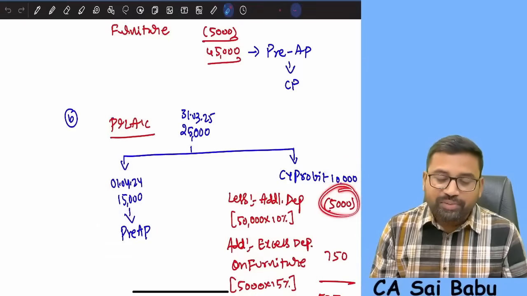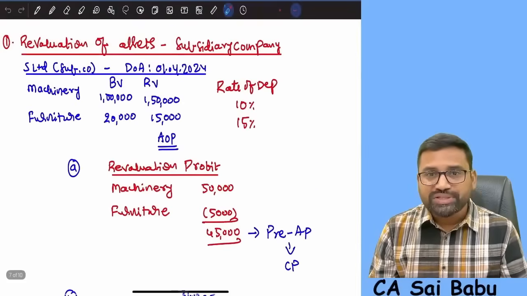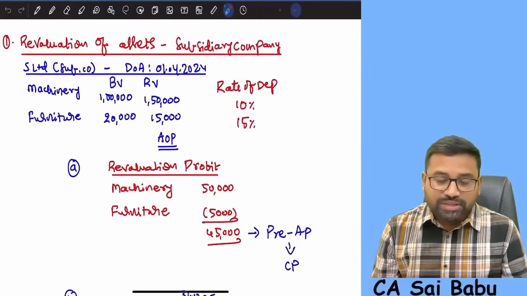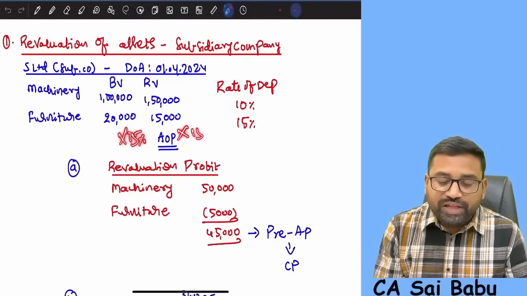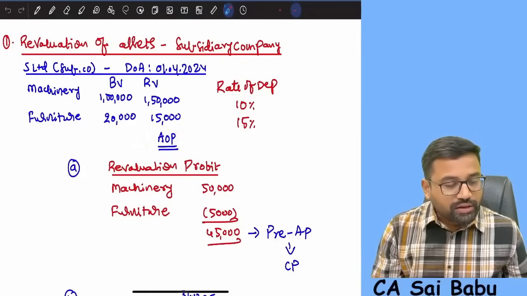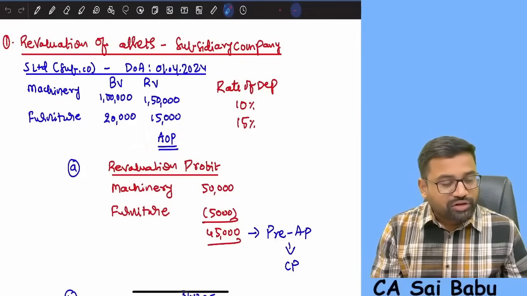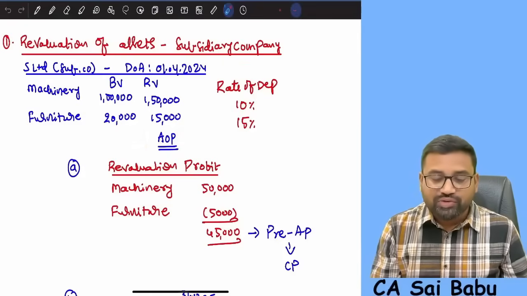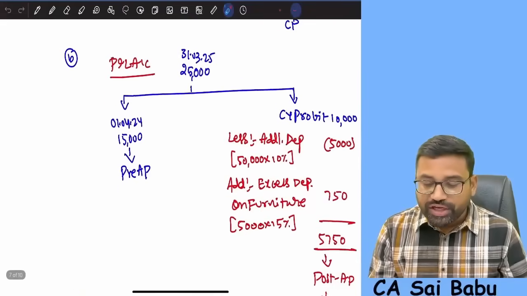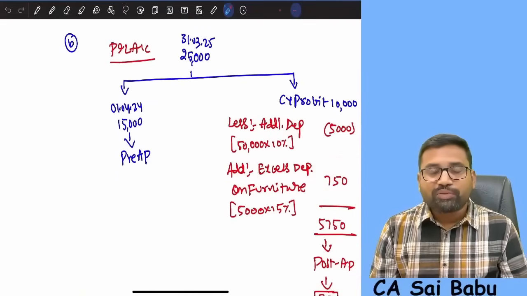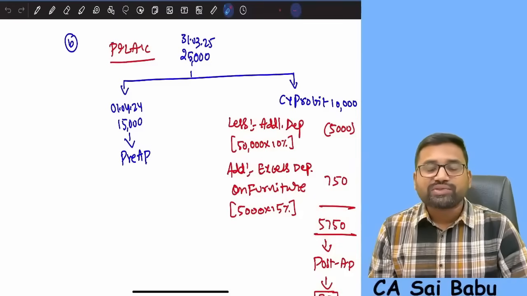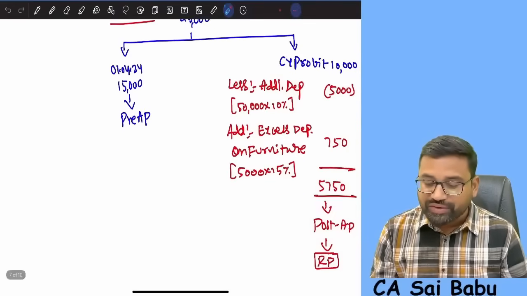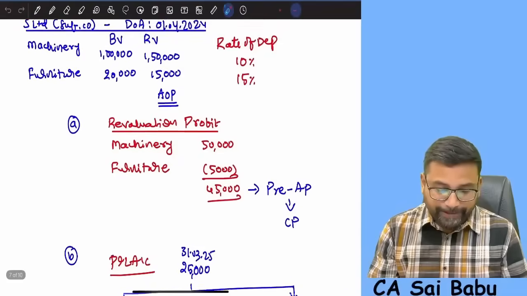From this current year profit, I need to reduce additional depreciation because of the revaluation. Similarly, for furniture, we provided depreciation on 20,000 book value, but we need to provide depreciation on 15,000. Therefore, whatever excess depreciation we provided on 5,000, that is 750, 5,000 into 15%, 750, we need to return it back so that our profits will be increased to that extent. So therefore, our revised current year profit is 5,750, which is a post-acquisition profit, which is treated as revenue.